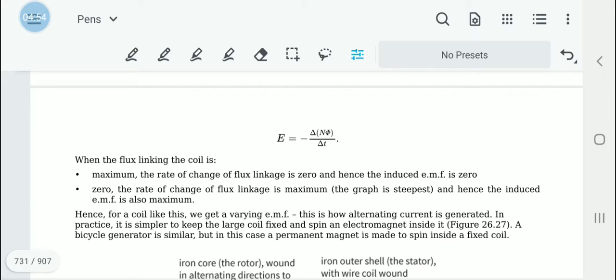So this suggests that when the flux linking the coil is maximum, the rate of change of flux linkage is 0, therefore the induced EMF is 0. You have to remember this from the beginning, you have to have that understanding. When the flux linking the coil is maximum, the rate of change of flux linkage is 0, therefore the induced EMF is 0.